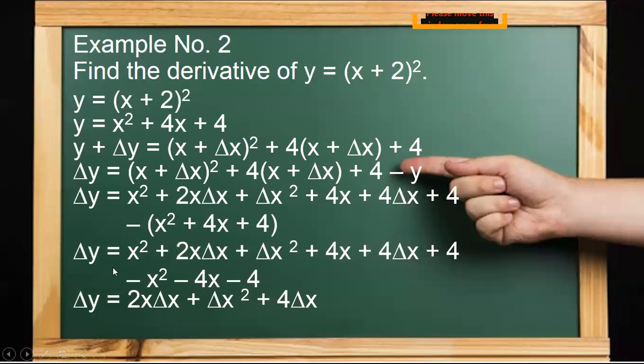So after combining similar terms, you just cancel out x squared and x squared, 4x and negative 4x, and 4. Okay, so what remains on the right side of your equation will be delta y, which is equal to 2x delta x plus delta x squared plus 4 delta x.